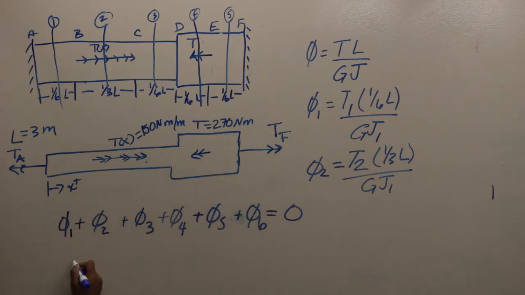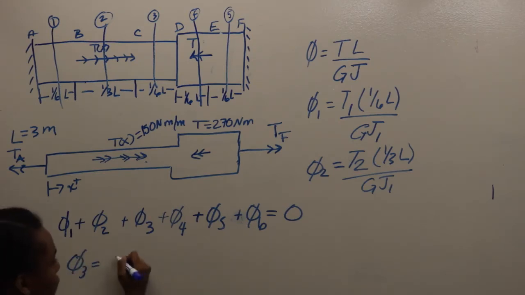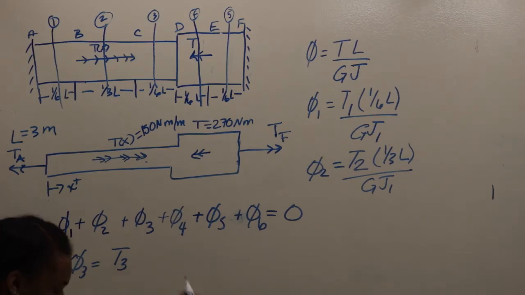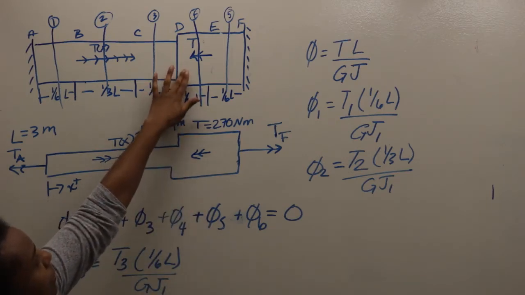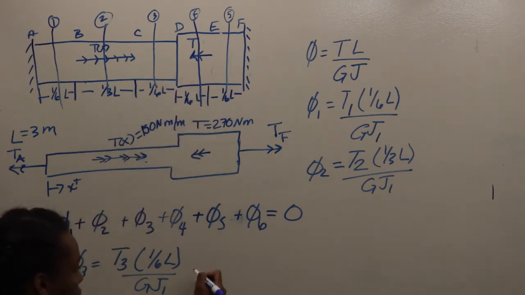For 3, the reactive torque in 3, times 1/6 L over GJ1.